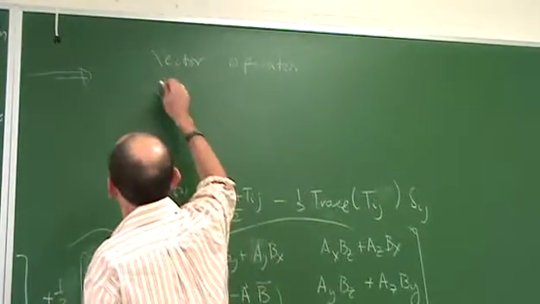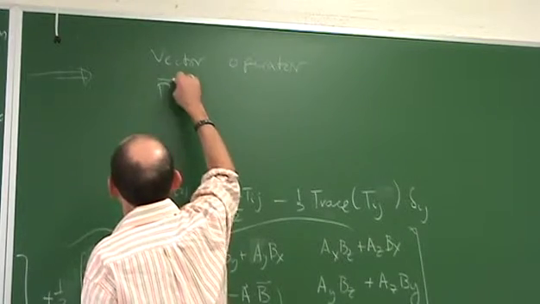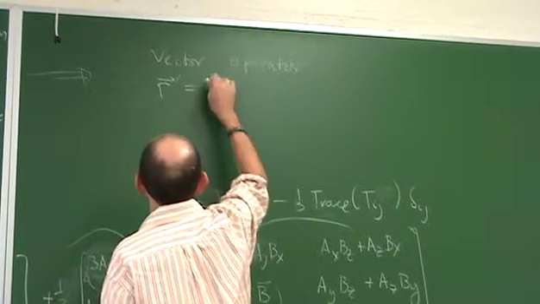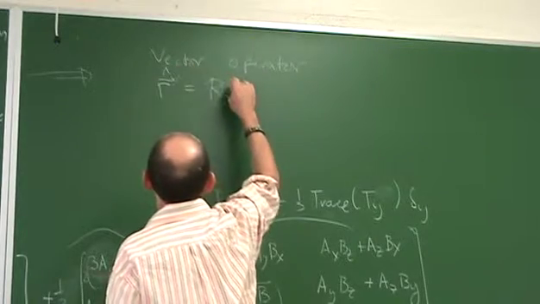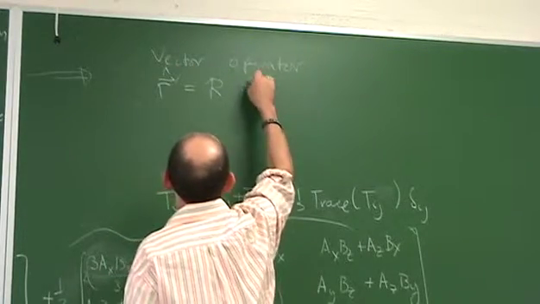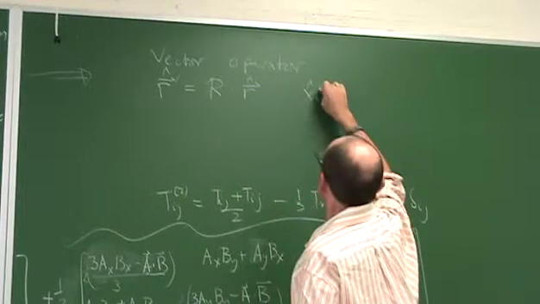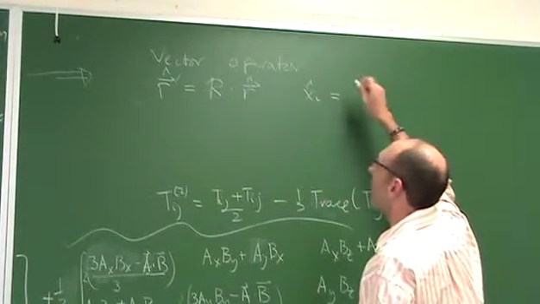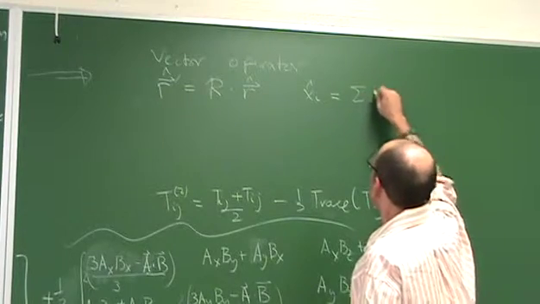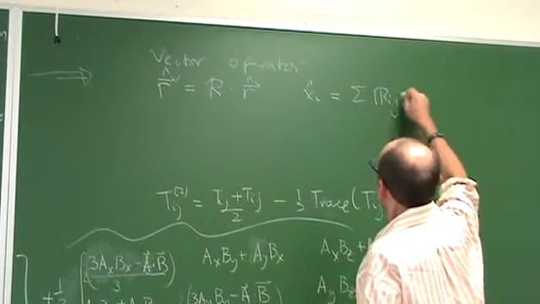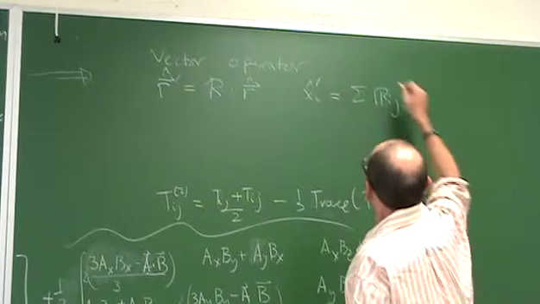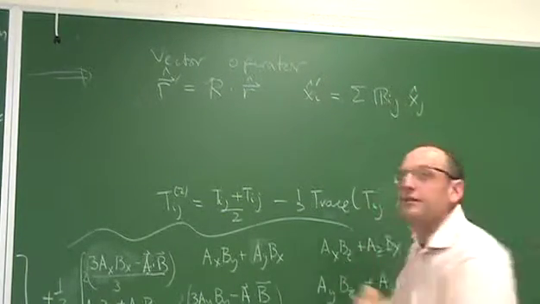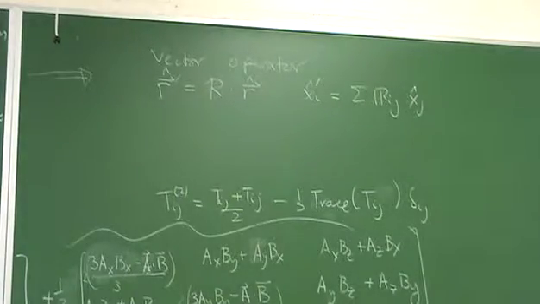So the position operator transforms according to some rotation. That's to say the components, the x observable, the y observable, and the z observable, transform under a rotation such that the new coordinates are related to the old coordinates according to a rotation matrix.